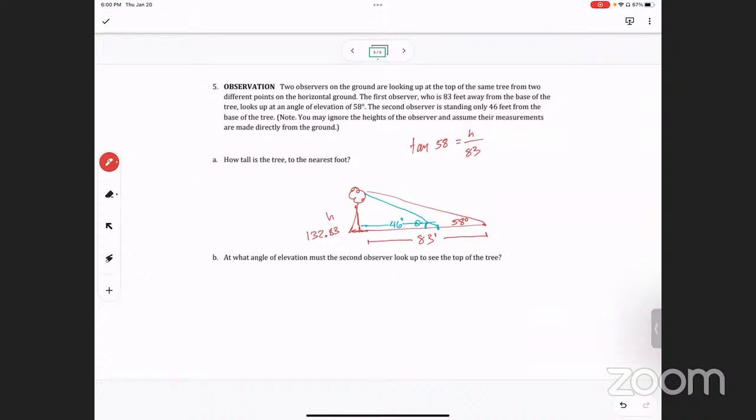And then the next question is at what angle of elevation must the second observer be looking up? So they're asking basically for theta.